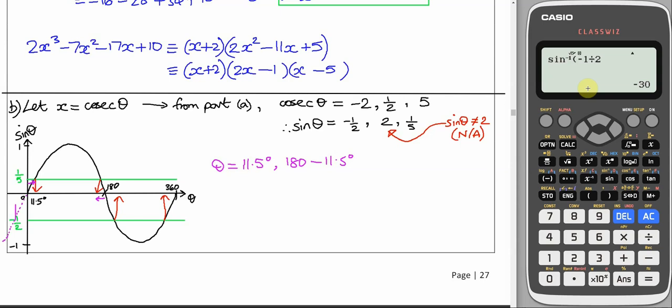It's given us this one here, minus 30 over there. So if we add a whole period onto that, 360 degrees is the period of sine theta, it's also the period of cos theta as well, it takes us to this one. The same point on the graph, just a whole period later on. So this will be 330.